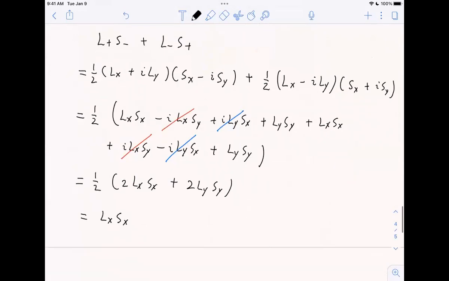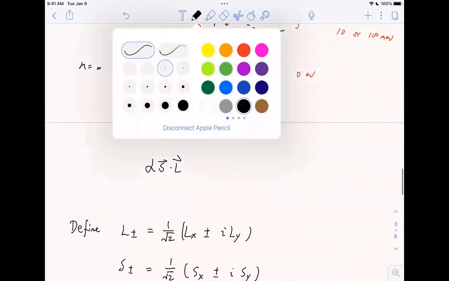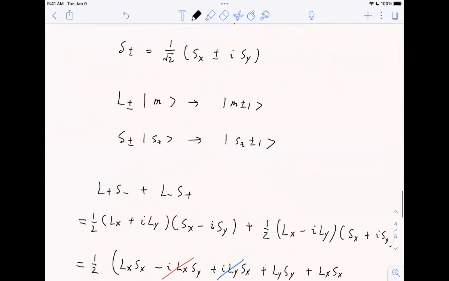So you have Lx Sx plus Ly Sy. Okay, so what the result is, this is equal to alpha times Lz Sz, plus Lx Sx plus Ly Sy, and then plus this copy.